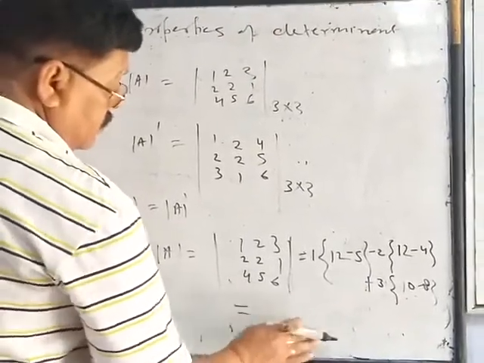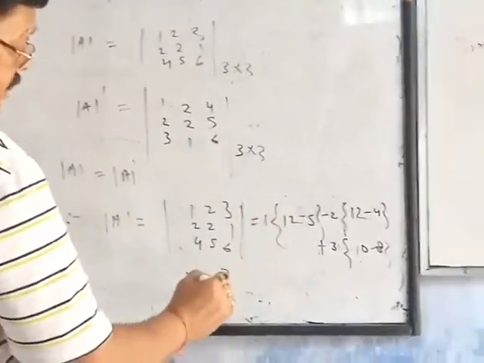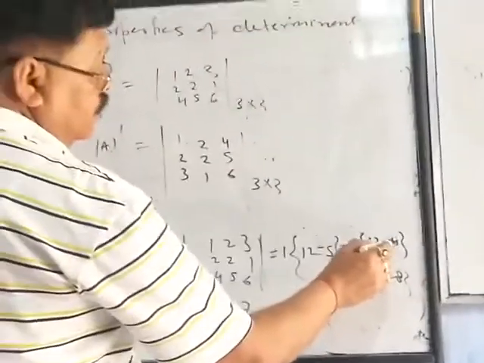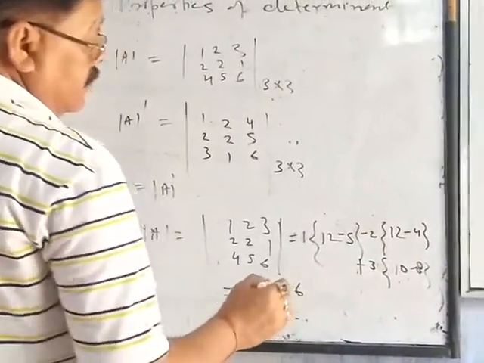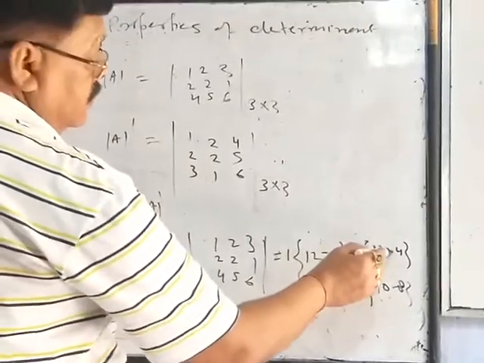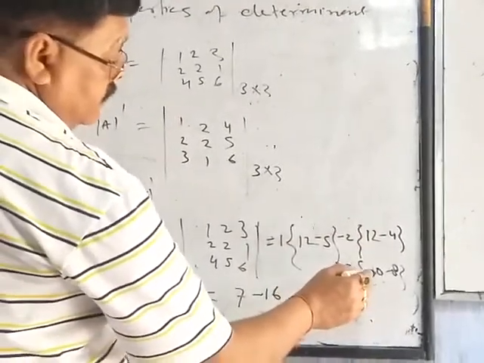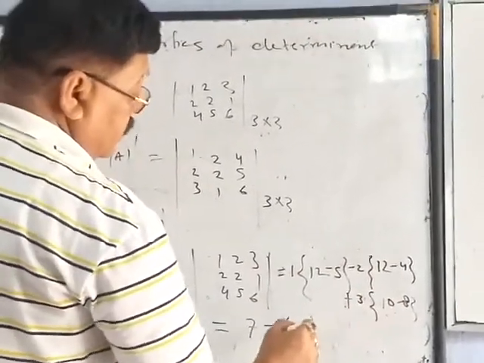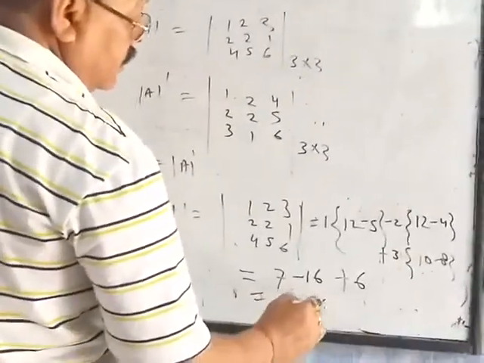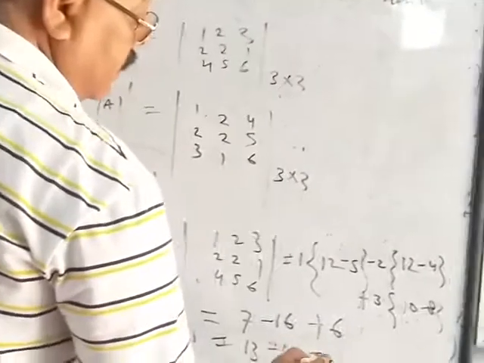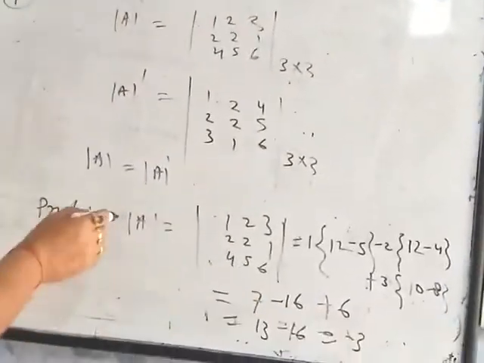So 12 minus 5 is 7, 12 minus 4 is 8, 8 twos are 16, and 10 minus 8 is 2 times 3, 6. So 7 minus 16 plus 6, that is minus 3, is the determinant of A.